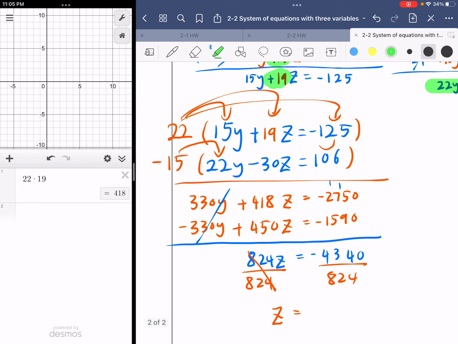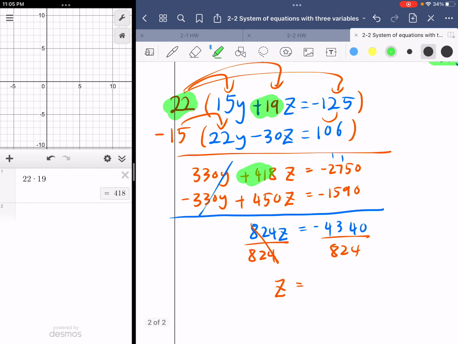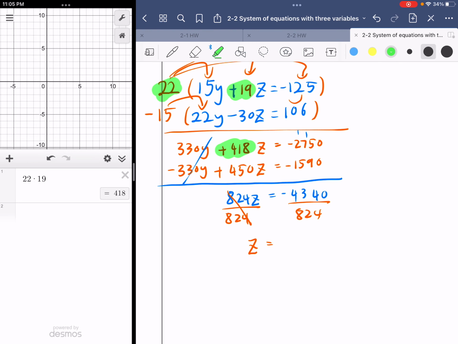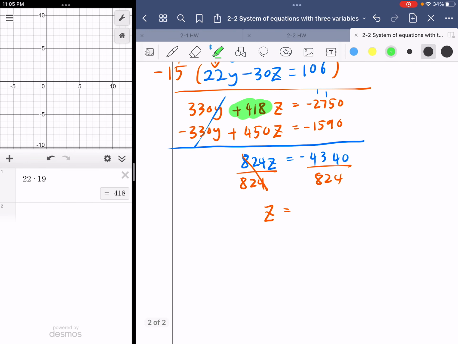So what I had to do here is 22 times positive 19, which will give you positive 418. Does that make sense? So that's the part that I made a mistake. Oh gosh. So if you make a slight mistake, that's how you check. So here, now it should be totally different number. So 418 plus 450 will give you 868z.